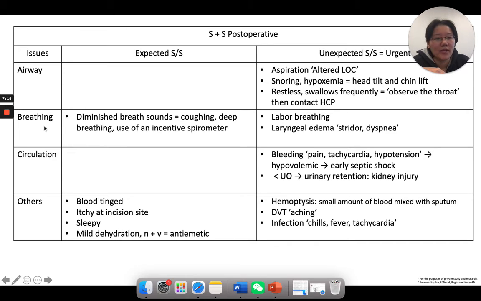For example, breathing: diminished breath sounds. What we can do is encourage coughing, deep breathing, use of the incentive spirometer. In comparison, an unexpected urgent sign, labored breathing, is a warning sign. So if the patient comes back with diminished breath sounds, we can do the following things. And it's less urgent in comparison to labored breathing, a right here, right now problem.